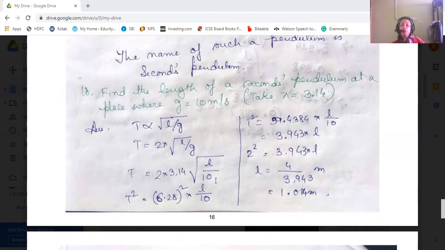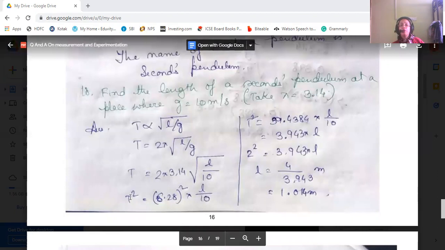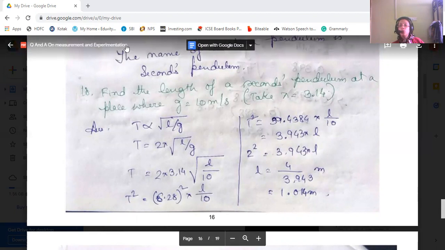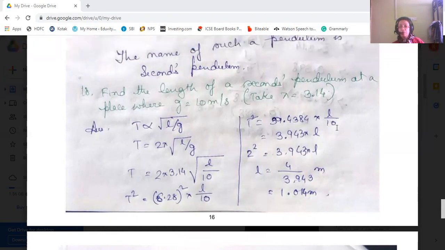To remove the square root, T square is equal to 6.28 whole square into L by 10. So T square is equal to 39.4384 into L by 10, and that gives us 3.943 into L.